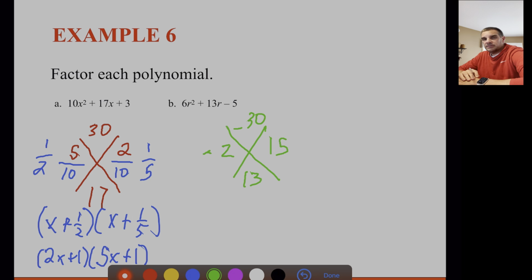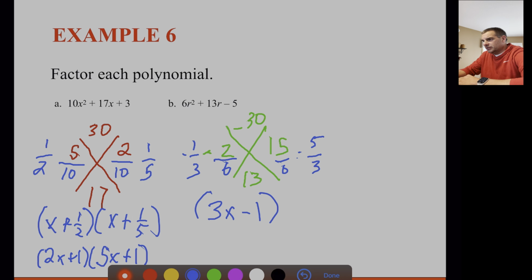Yep, that works. My a value is 6, so I have to divide by 6. So this is negative 1/3. This is 5/3. So I'm going to skip this part right now, this x minus 1/3. So the 3 is going to go out in front of my x minus 1. There's the first one.